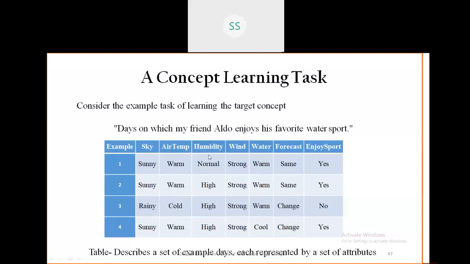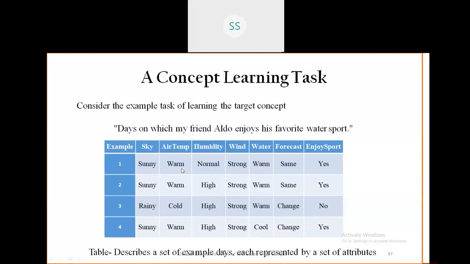If it is cold and high, humidity is high. If the air temperature is cold and humidity is high, it doesn't matter what value you have for the other attributes, right? We are going to play the game. So here air temperature is cold and humidity is high, so I am going to play the sports on this particular day. Look at the other three items.